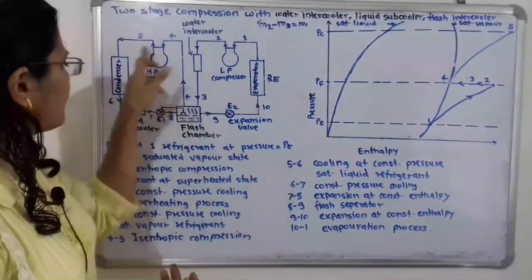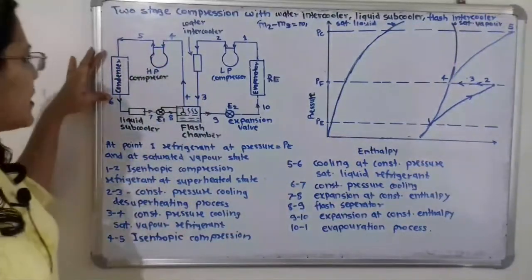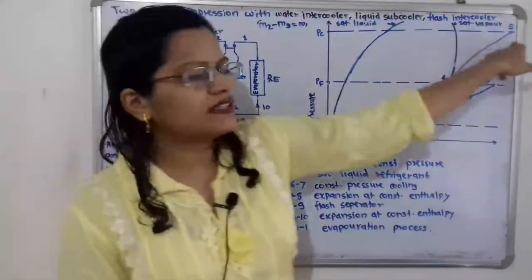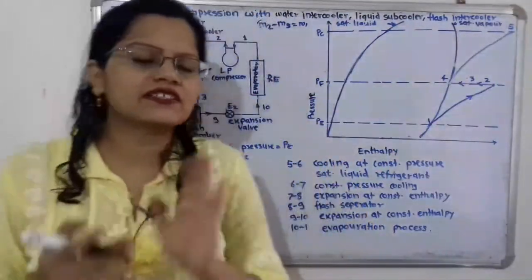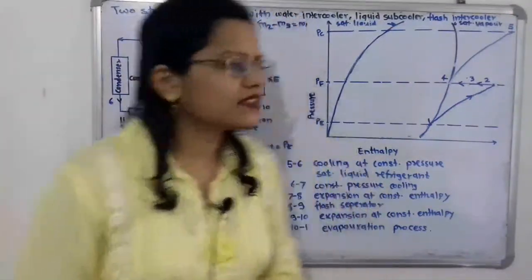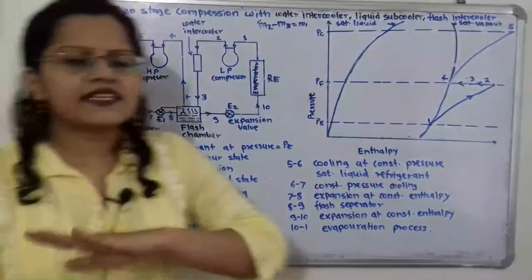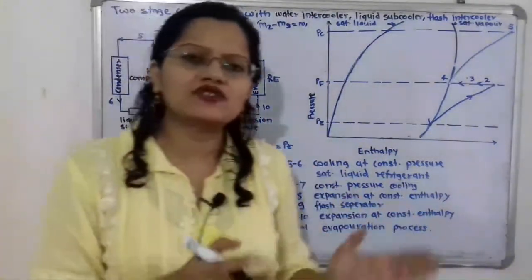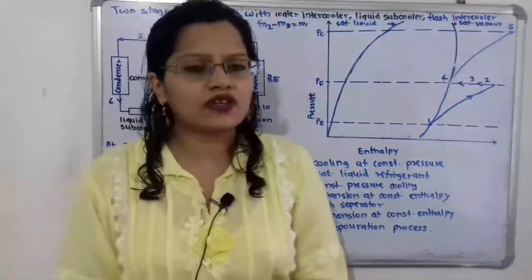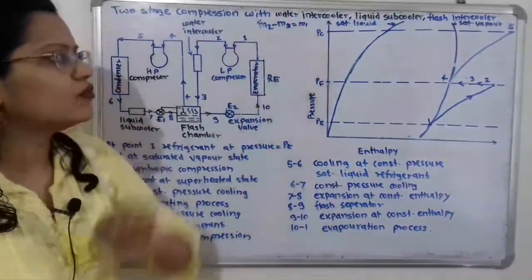So again if we observe here, the condensation process is taking place. Now this point 5 is at the superheated state, that is the refrigerant is at the superheated state, but while passing through this condenser, it is getting converted into the saturated liquid state, and this process is taking place at constant pressure, pressure equal to Pc.